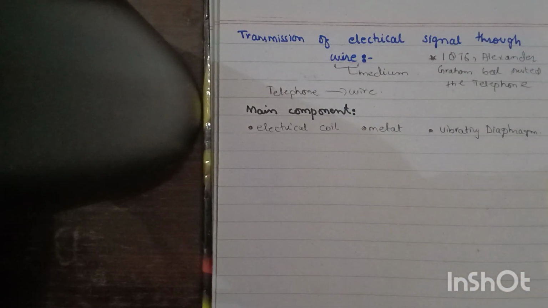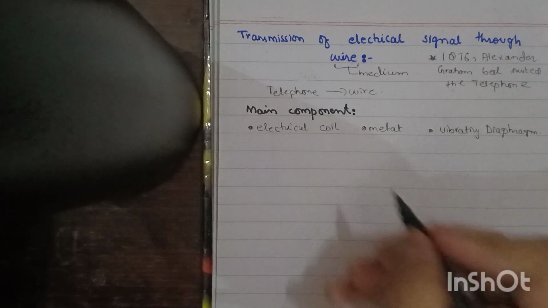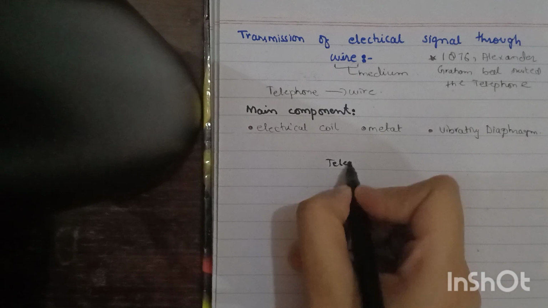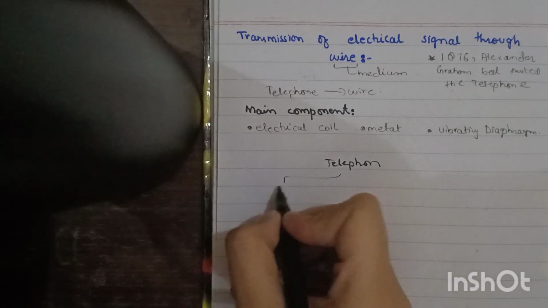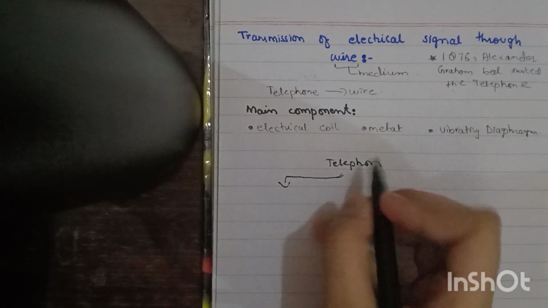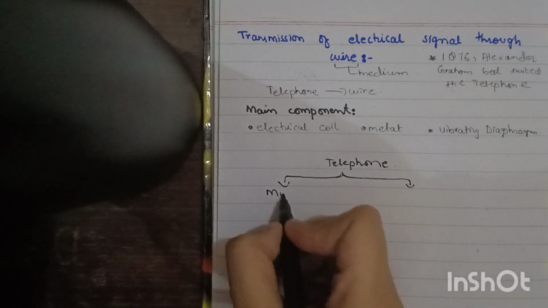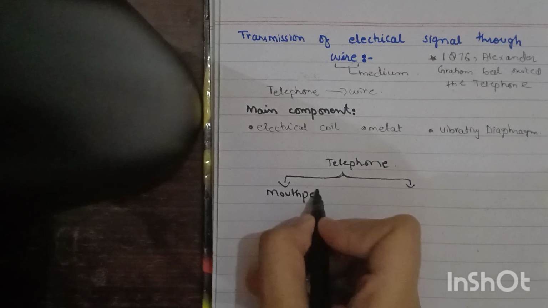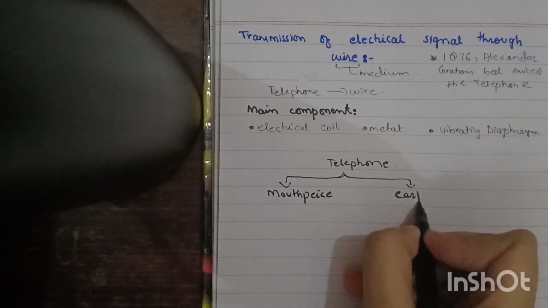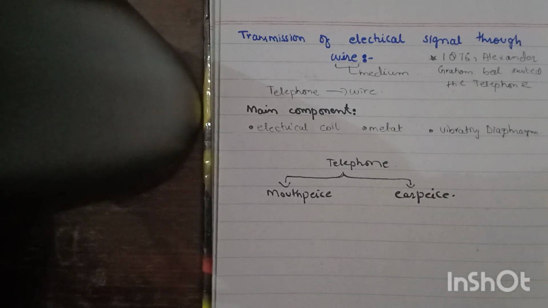Now the telephone is divided into two parts: the mouthpiece and the earpiece. By the name you can understand.